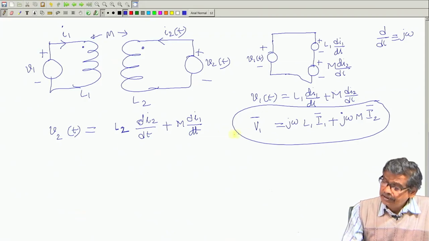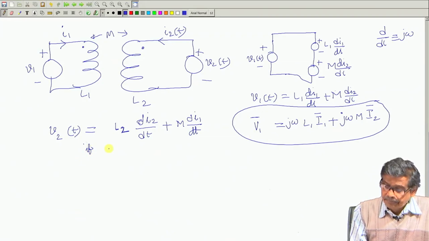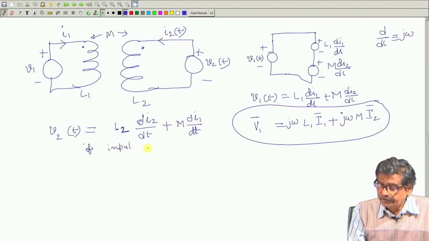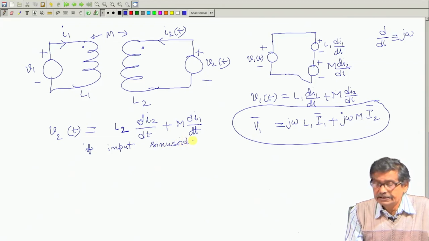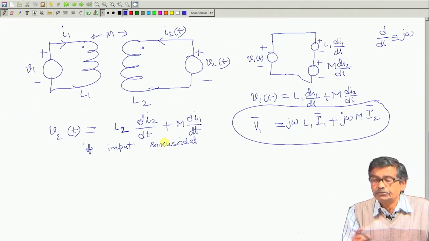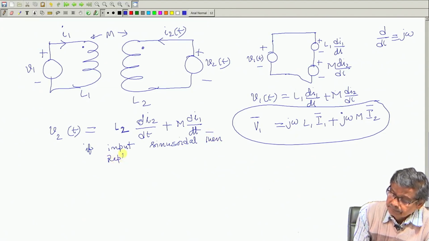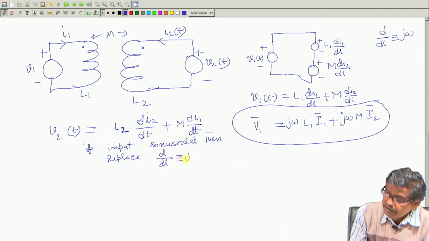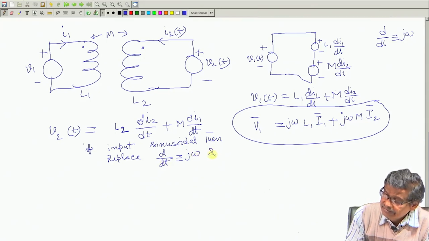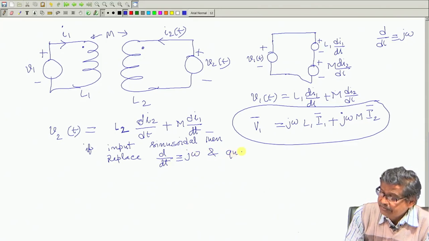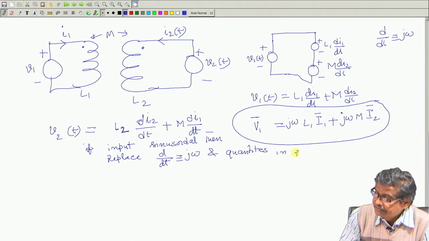You cannot do this for any type of signal. V 1 t and V 2 t must be sinusoidal. If the input is sinusoidal, replace d dt by j omega and write quantities in phasors.